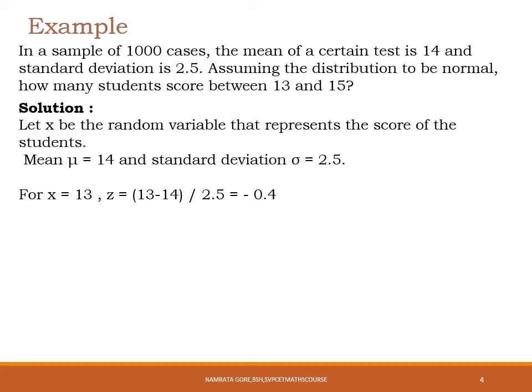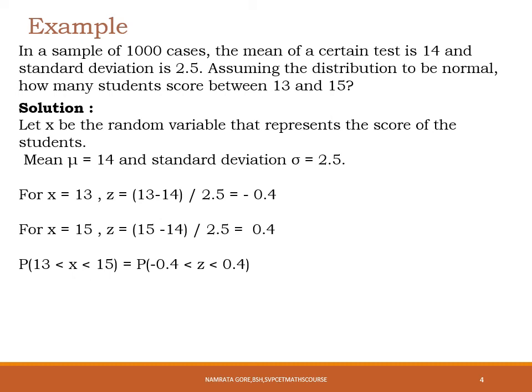So for x equal to 13, our standard normal variate z becomes 13 minus mean 14 divided by standard deviation 2.5. It is minus 0.4, and for x equal to 15, z becomes 0.4. So what we have to calculate is the probability between 13 and 15, that is probability of z between minus 0.4 to 0.4.